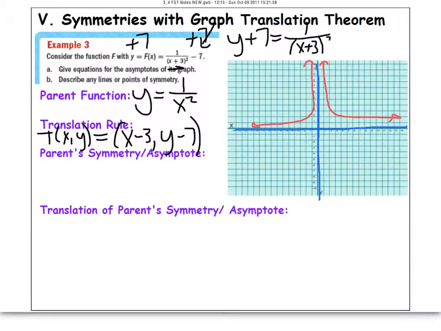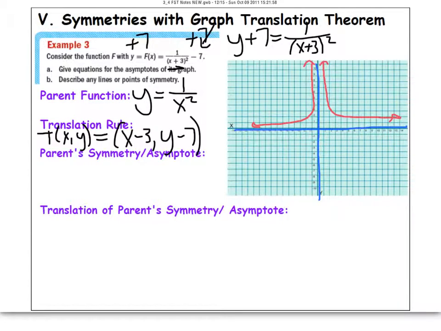When the number's with the x, you go backwards. When the number's with the y, you go backwards. So instead of plus 7, that's why it's minus 7. So in words, this graph is going to move left 3 and down 7.